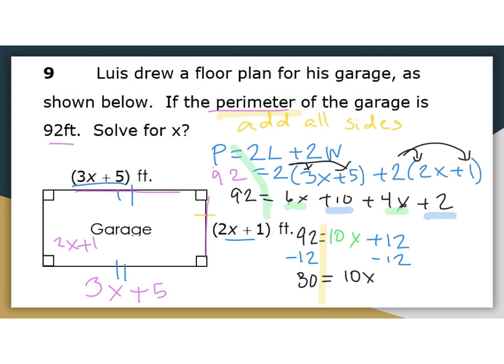And then our last step would be to divide both sides by 10. And when we do that, we are left with 80 divided by 10 is 8. So we get 8, and 10 over 10 cancels out to x. So we have x equals 8. And then same thing, you could go ahead and check by plugging that 8 into the x, adding them all up, and you should get 92.